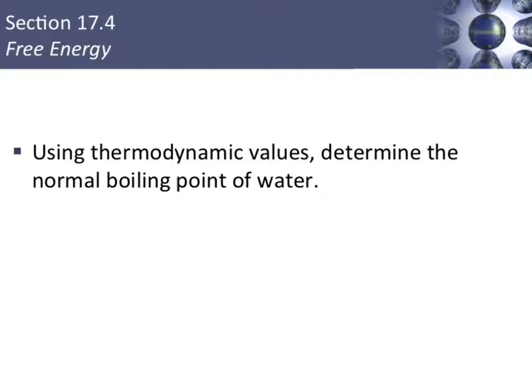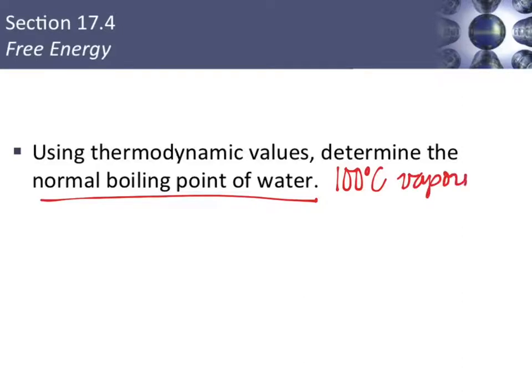So here we are at number 8. It says, using thermodynamic values, so those in the back of your notes, we want to determine the normal boiling point of water. What do we say water boils at? 212, or in here, 100 degrees Celsius. That's where we get vaporization, okay?